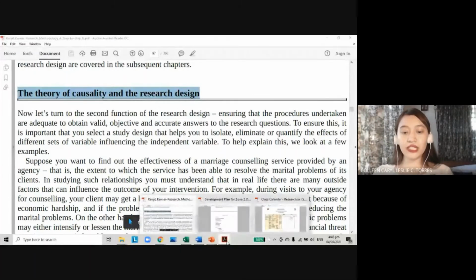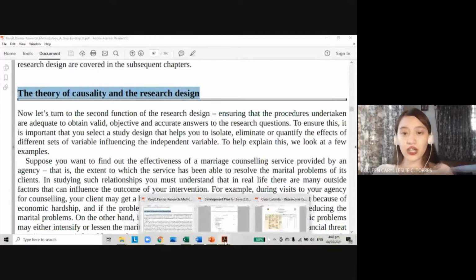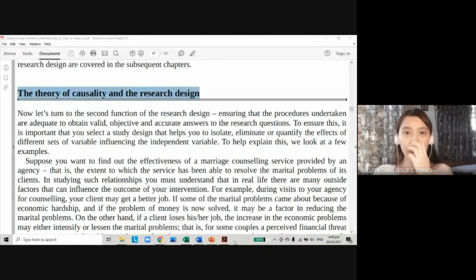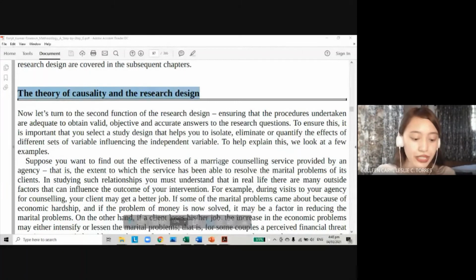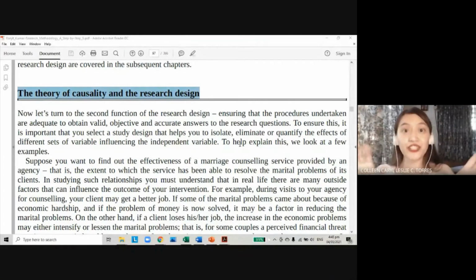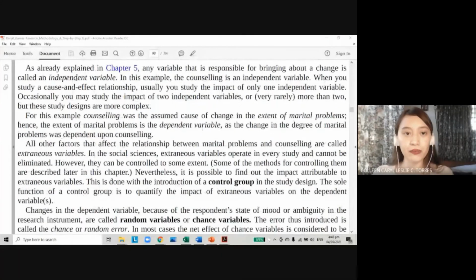So determining what is the cause and what is the effect of your variables that you're studying, that will lead us to determining how to make a plan of action, no? And so make a plan for our research. So, all right. Now, going to the definitions here in the book, page 98.